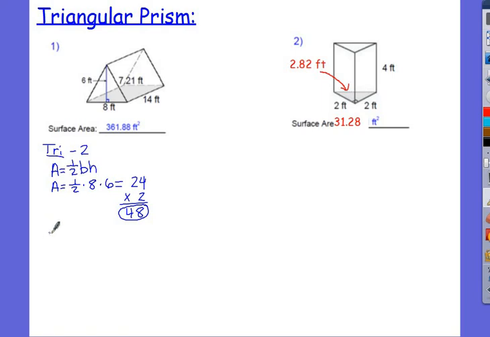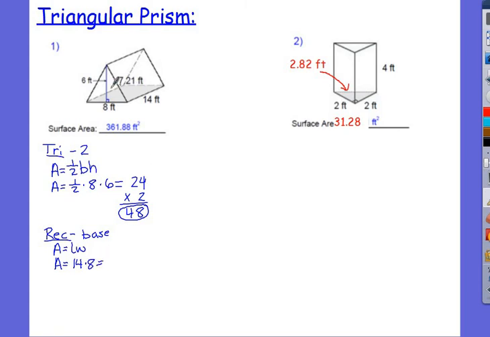Now what do you want to find? Rectangle. Which rectangle? The bottom one, the base. The formula for that is length times width. So I'm looking at the base. What is my length? 14 times the width, 8.